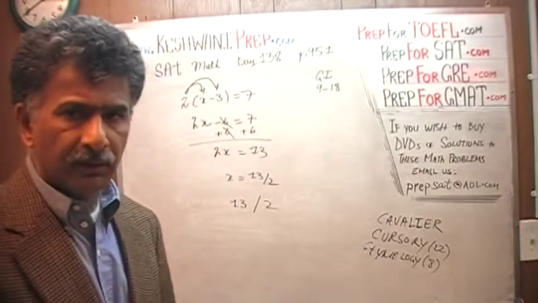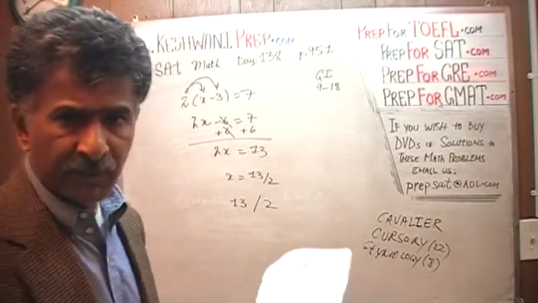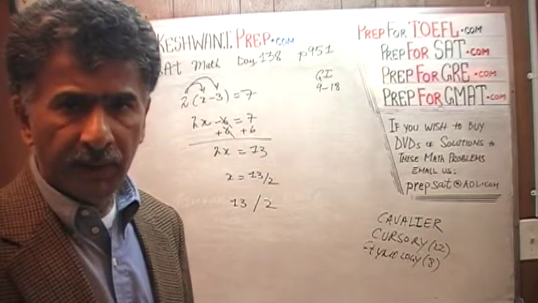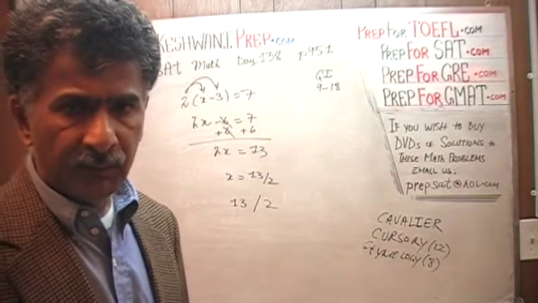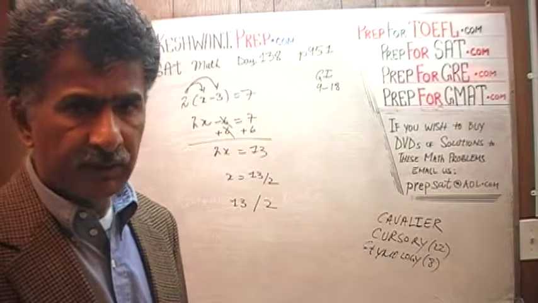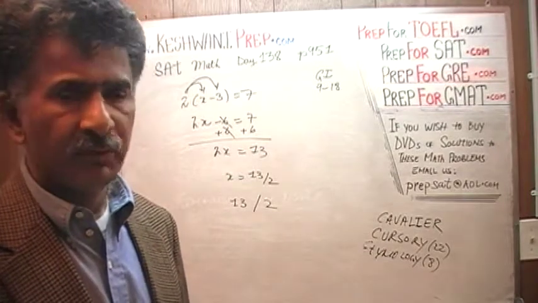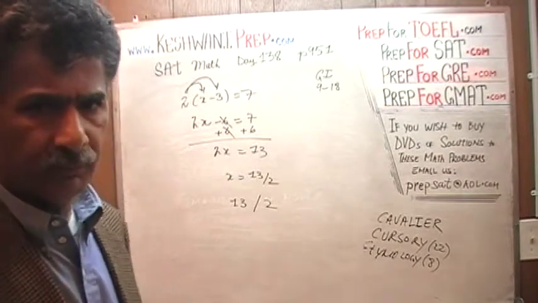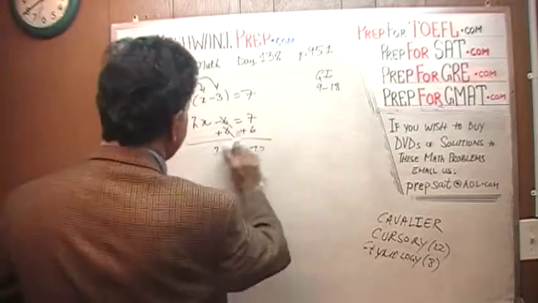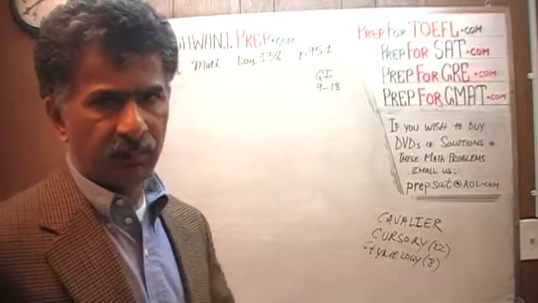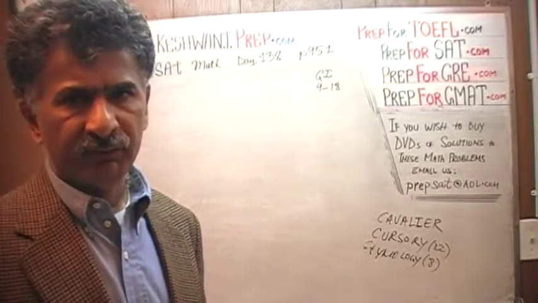What I'm about to say doesn't apply here because we are dividing by 2. Had it been 13 divided by 3, and if you simply grid in 13.3, they will mark it wrong. There are strict rules as to how you grid in decimals, so don't mess with them unless you have to. Actually, now that I think about it, 13.3 they will mark it right because it fills up all the spaces.